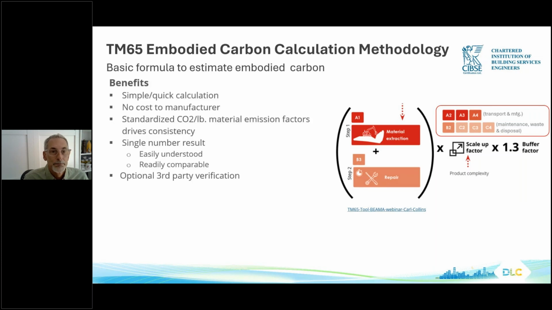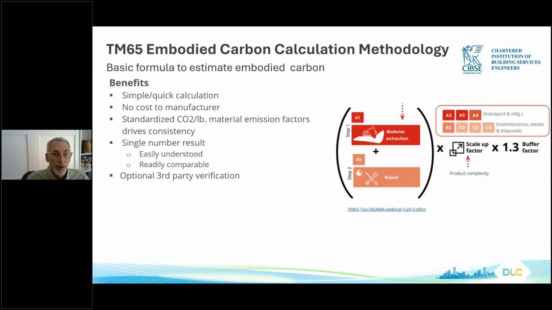So the benefits of TM65 is, number one, it's a very simple, quick calculation, and it can be done at no cost to the manufacturer other than, of course, the time to do the calculation. The methodology uses a standardized CO2 per pound material emissions factor, which drives much greater consistency when you're comparing between two different luminaires.